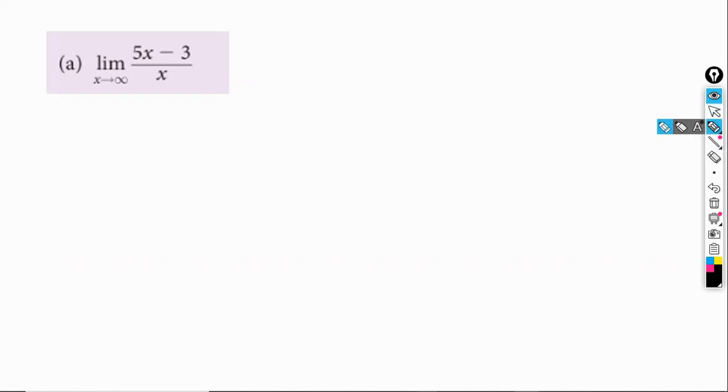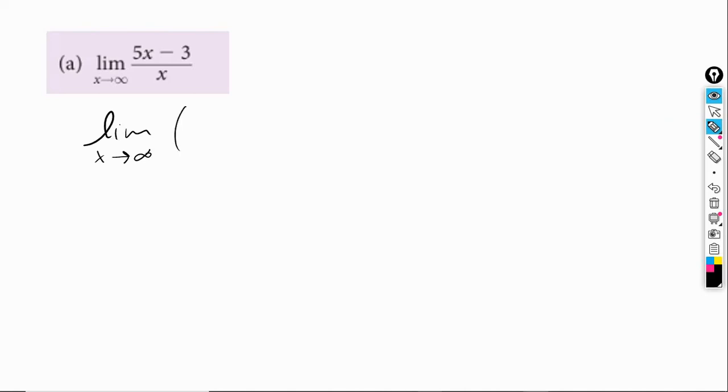So what is the limit as x tends to infinity of 5x minus 3 over x? Now, one of the things that we want to do with these limits is rearrange them, and this one's pretty easy to rearrange. Normally, you have to be careful with using the notation, so don't forget to write limit as x approaches infinity.